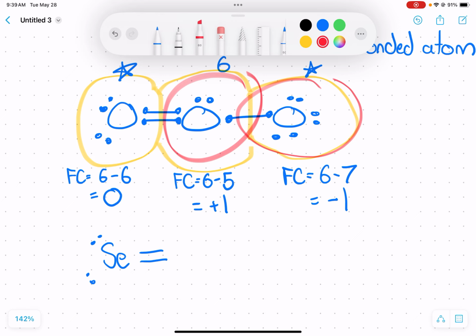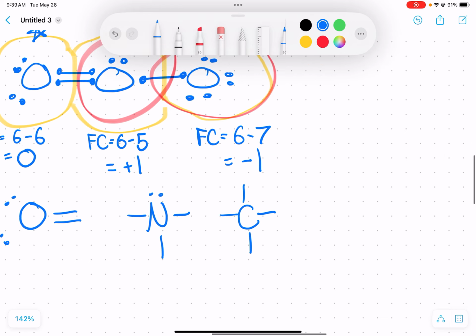Another way to think of this is when things have their traditional number of bonds, so oxygen column having 2 bonds and 2 lone pairs, nitrogen column having 3 bonds and 1 lone pair, carbon having no lone pairs and 4 bonds, fluorine having 3 lone pairs and 1 bond.